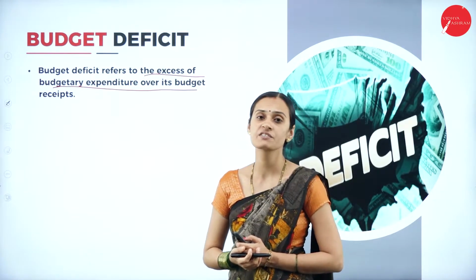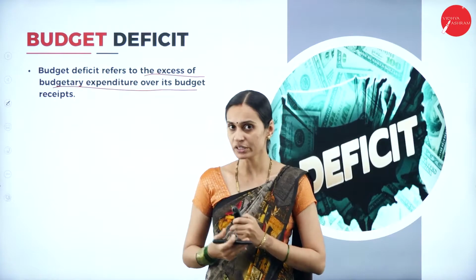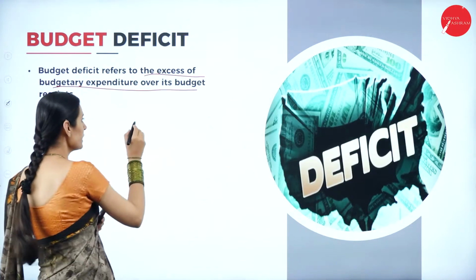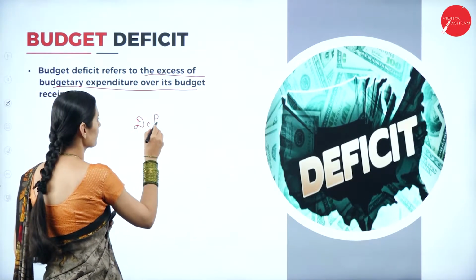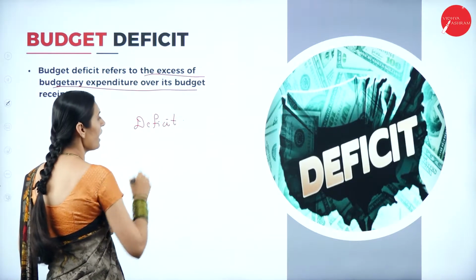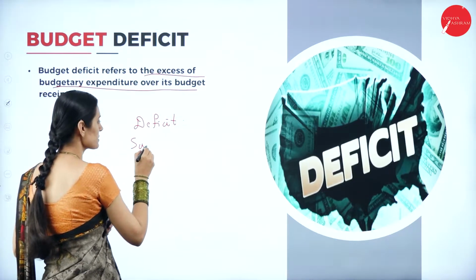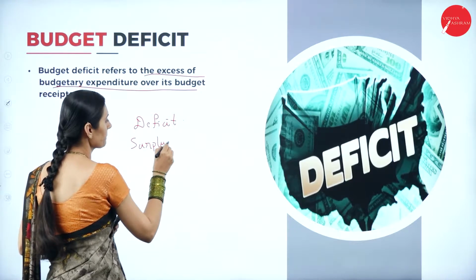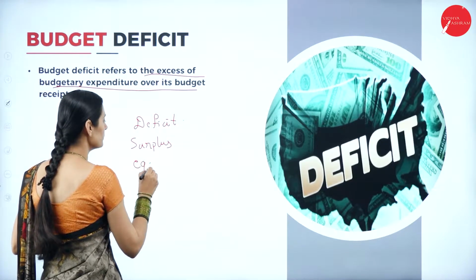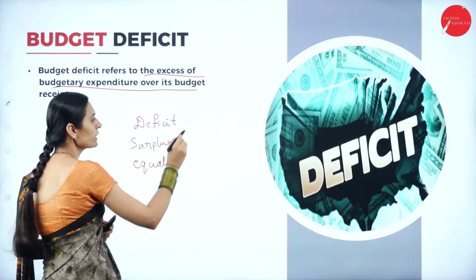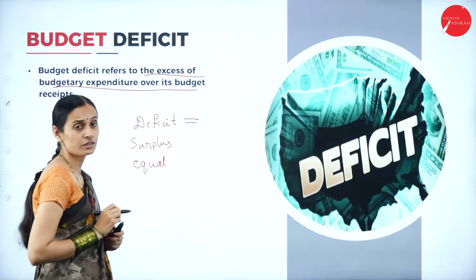When it comes to deficit, there are three important possibilities: one is deficit, another is surplus, and another is equal. When does a deficit occur?